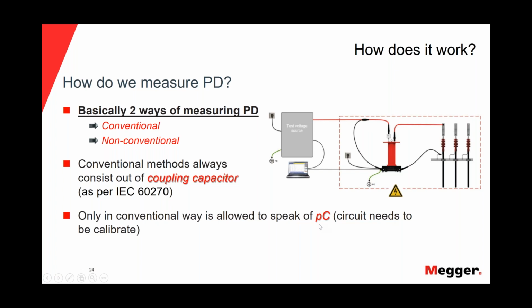We will see in the next slides that we will measure the partial discharge, and the unit of partial discharge is the coulomb, and we will measure very small quantities of charge. For this reason, we will measure in picocoulombs, at the best nanocoulombs. But it's only in the conventional way that we will need to calibrate the circuit.